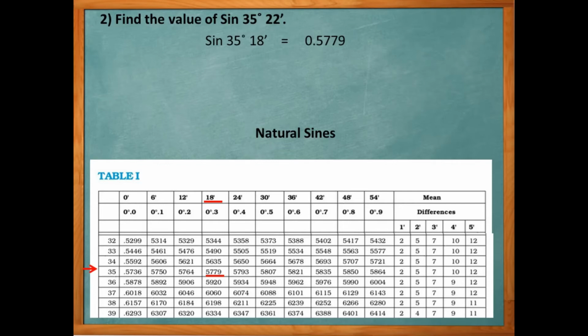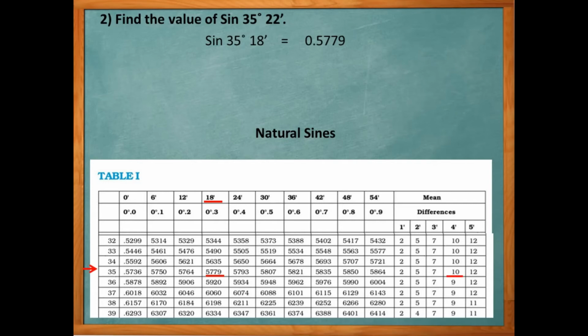But what we need to know is the value of sine 35 degrees and 22 minutes. So, how many minutes are we going to add for 18 minutes to make it 22 minutes? Okay, 4 minutes. So let's find the mean difference of 4 minutes along the row of 35 degrees.